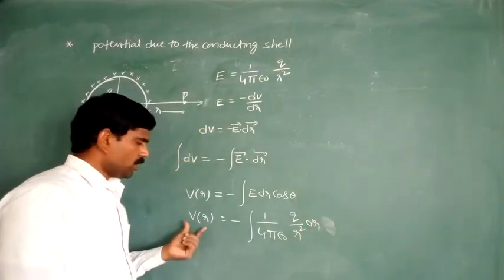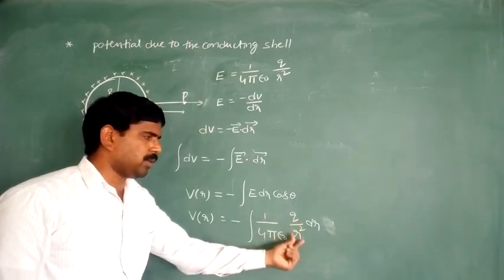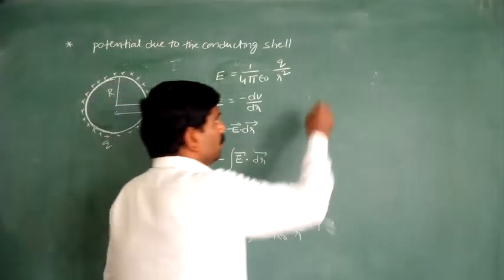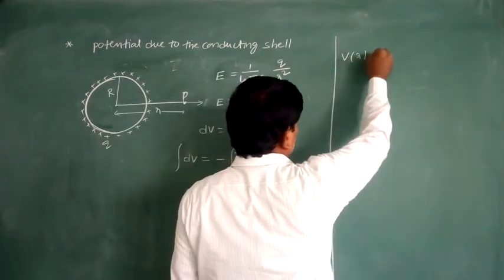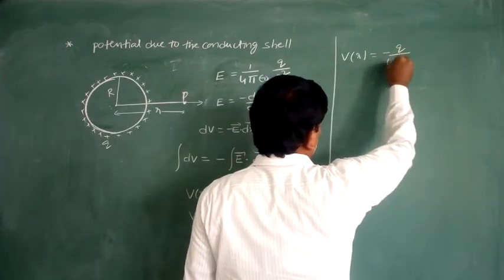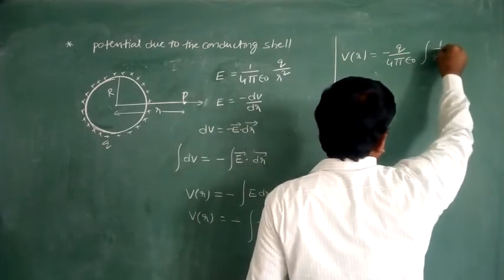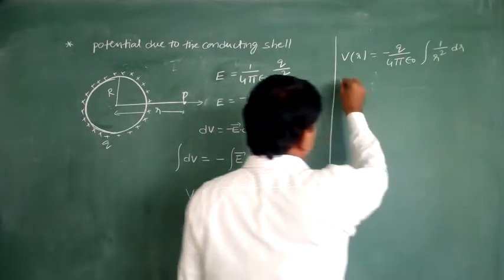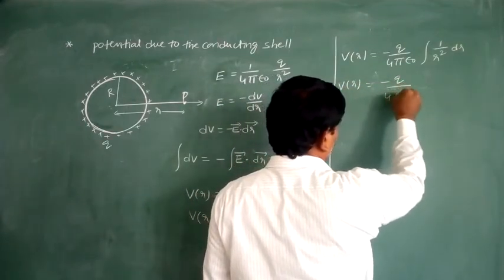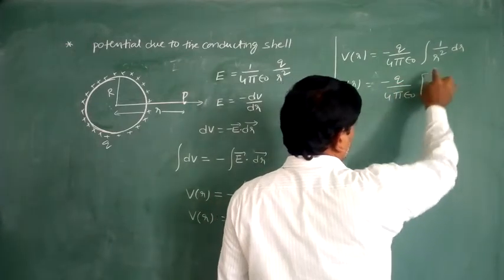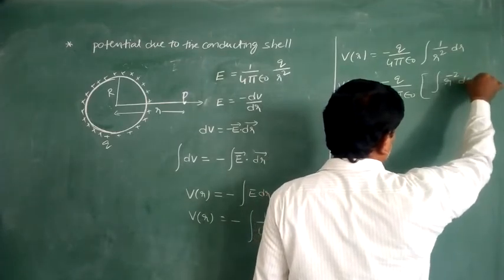So V of r is equal to minus q by 4 pi epsilon naught into integral of 1 by r square into dr. Therefore V of r is equal to minus q by 4 pi epsilon naught into the integral of r to the power minus 2 into dr.